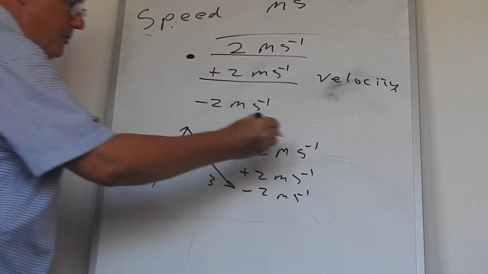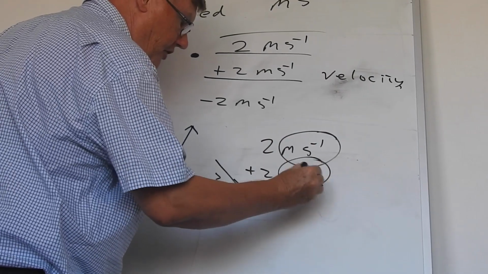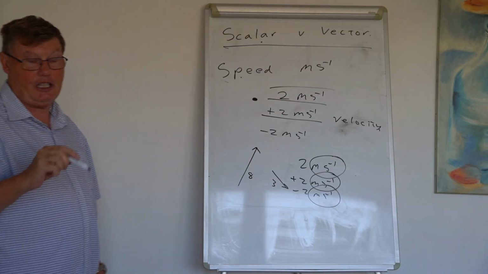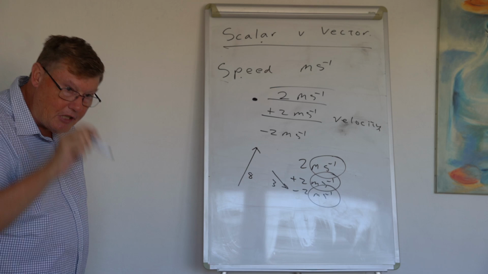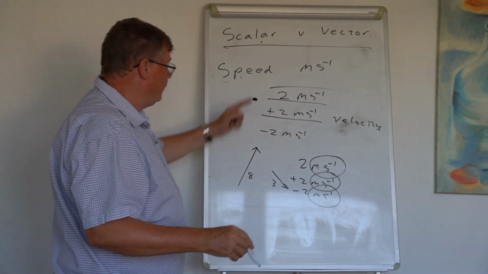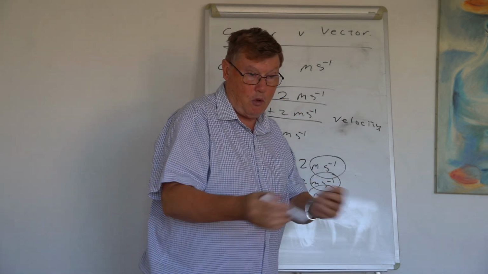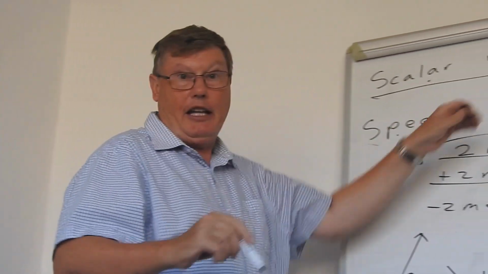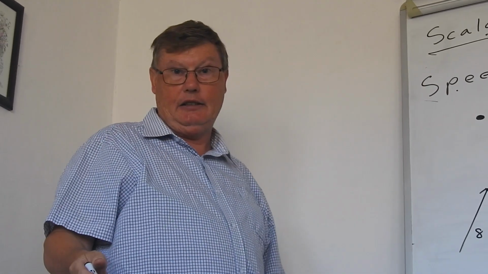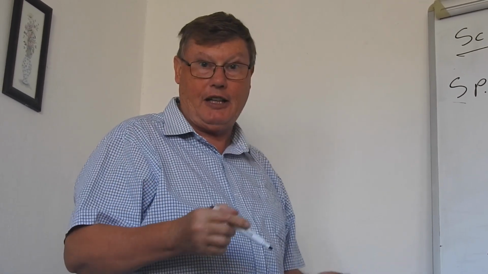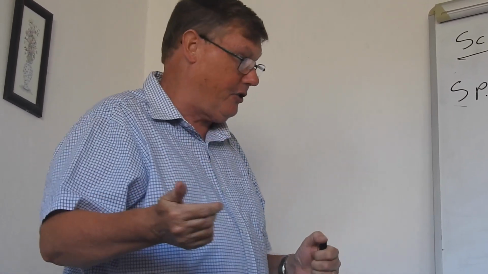The actual units themselves, meters per second, are the same. And that's really, really confusing because you've got two different quantities, speed and velocity, that have exactly the same units. And yet one is a scalar and one is a vector. Well, I'm sorry, tough. We just have to live with that and work around it. That's the way it is.